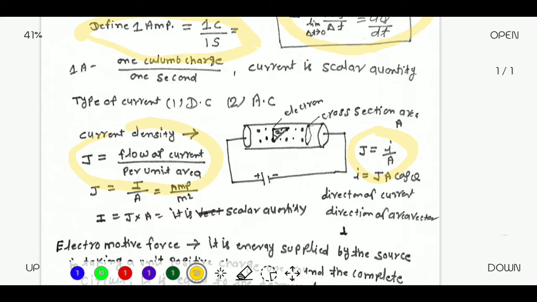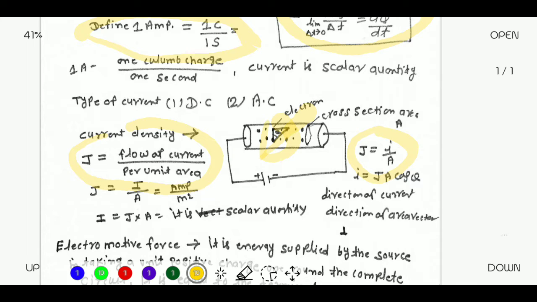I is the flow of current, J is per unit area. So I is equal to J A cos theta. Why are we taking cos theta? The electron flow is through the cross-section area, but the area direction can change, so there is an angle between the current flow direction and the area direction.